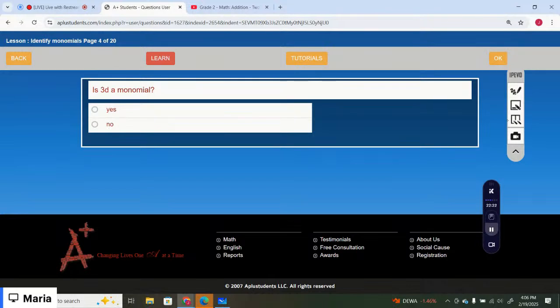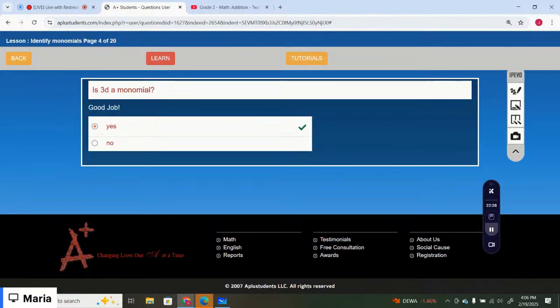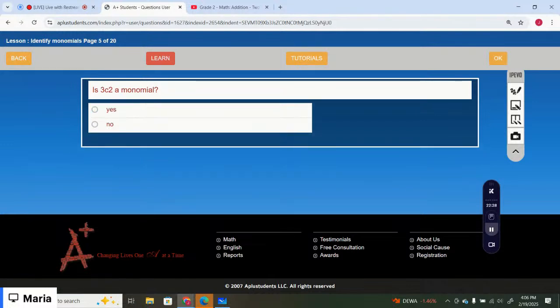Is 380 a monomial? Yes, it is a monomial. Is 3c2 a monomial? Yes, it is a monomial.